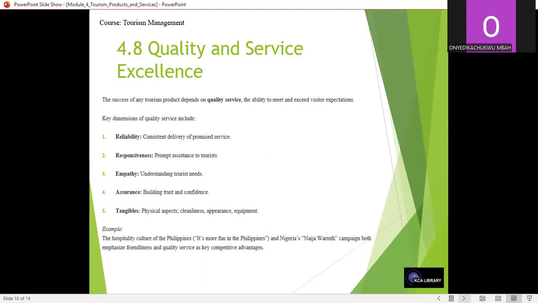Key dimensions of quality services include reliability, that's consistent delivery of promised services, responsiveness, prompt assistance to tourists, empathy, understanding tourist needs, assurance, building trust and confidence, and tangibles, that's physical aspects like cleanliness, appearance, equipment, etc.